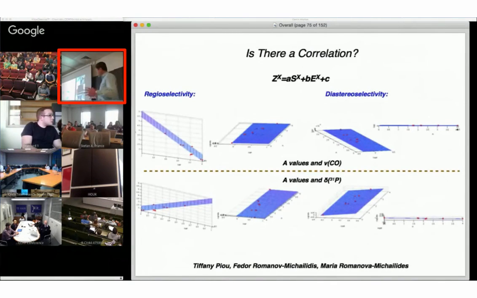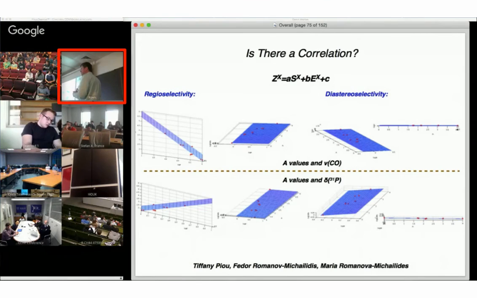So this is what we've attempted to do. Two very talented postdocs, Fedor and Tiffany, worked on this together, and we've come up with a model based on examining quadratic correlations. This is ultimately a three-dimensional problem. The Z, the substituent here, is the observable, regioselectivity or diastereoselectivity.